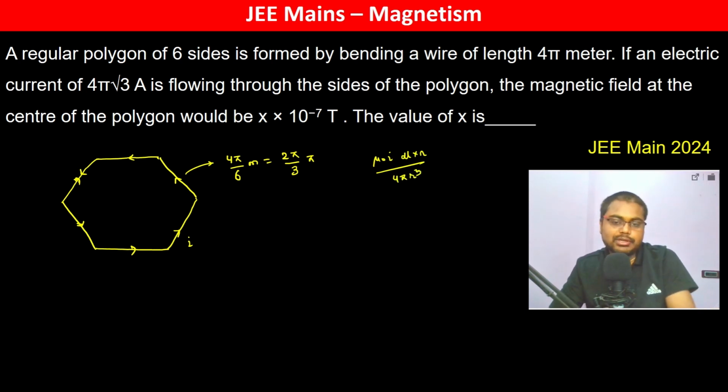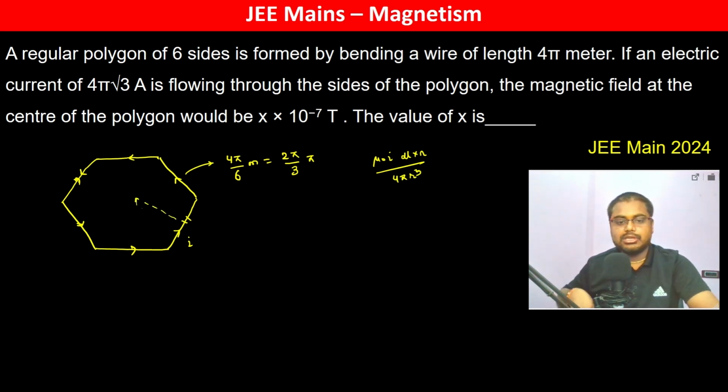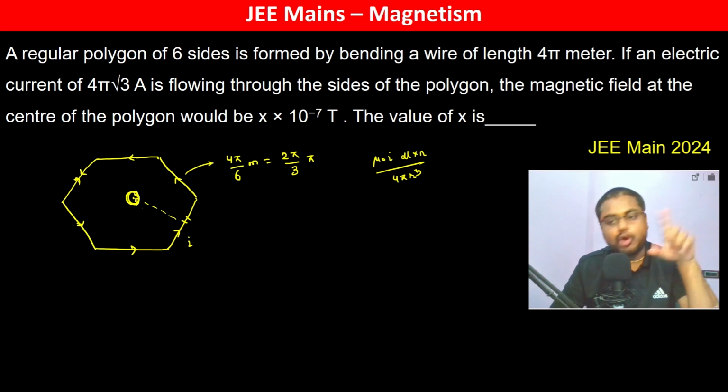So we can see here that it's dl cross r, in the center. dl, and r is this direction, so dl cross r, like this, up. So therefore the magnetic field produced here is going to be up, and it's going to be in the up direction from all, so therefore it's going to be additive from all the sides.